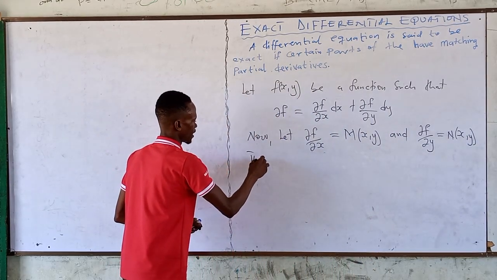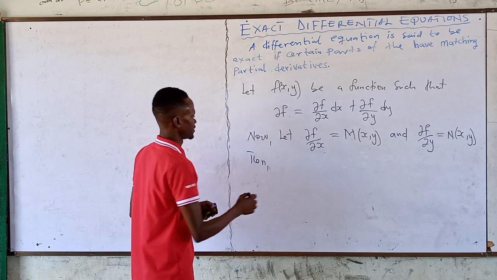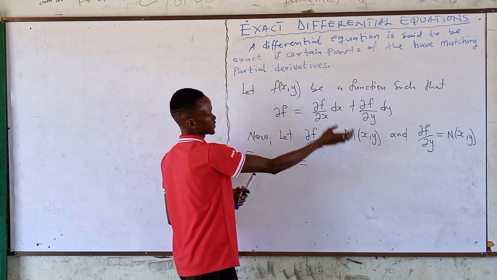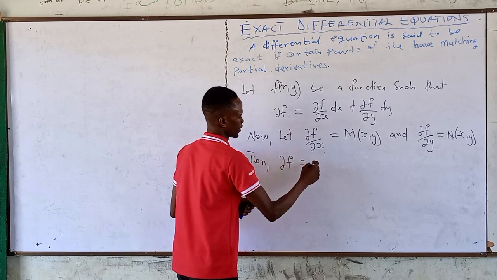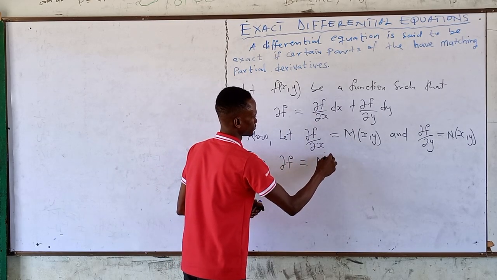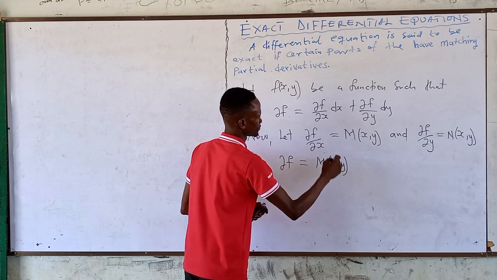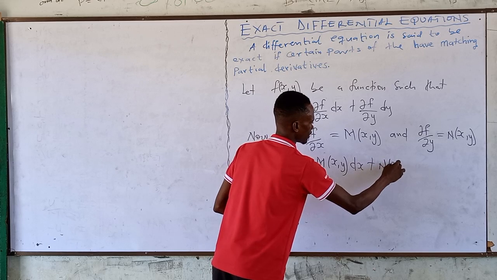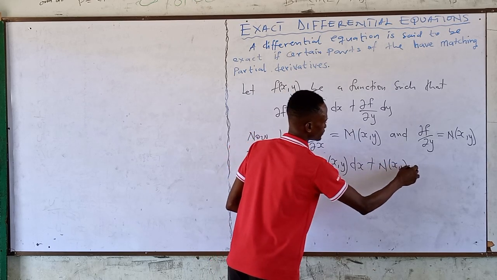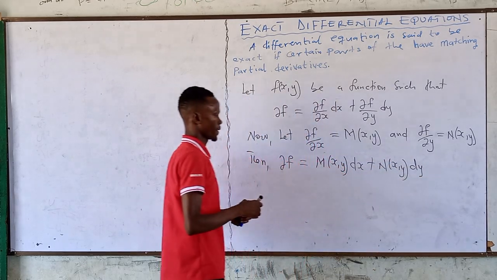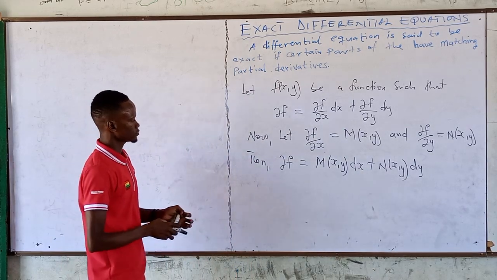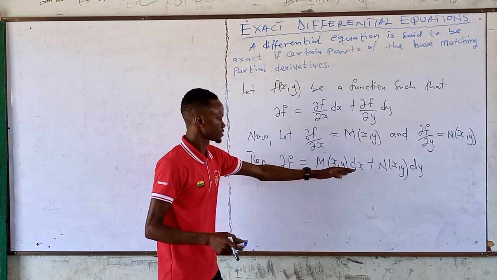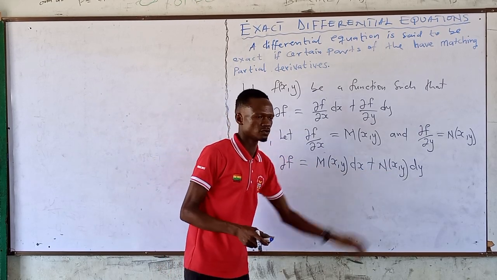Then we now have the total derivative del f to be equal to, this side has now become M, so it can be written as M(x,y) dx plus N(x,y) dy.